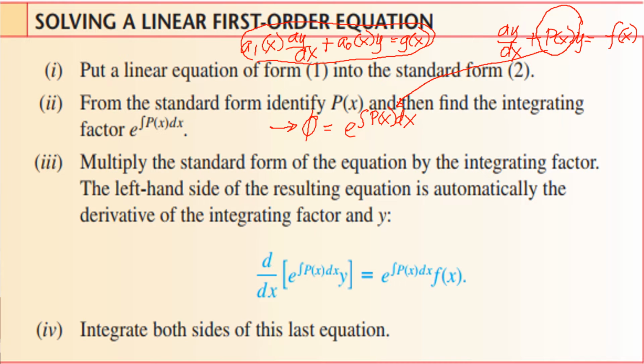Integrate both sides of this equation, and your final equation will be y(x) is equal to phi inverse multiplied by the integral of f(x) times the integrating factor phi, plus c, and close parenthesis. So we'll have two examples here.